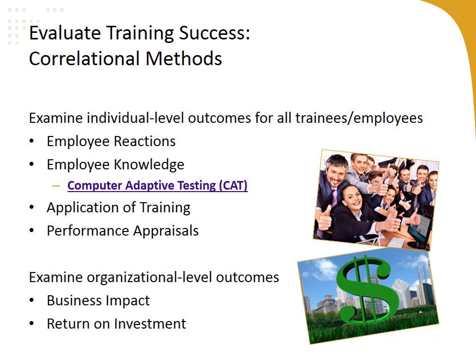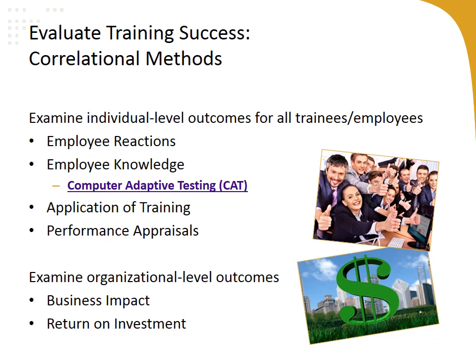Now, I want to point out that these methods are correlational in nature because all employees or former trainees are examined as a whole in a single group. Now, it's true that something was manipulated, right? Training, that's a manipulated thing. It's an independent variable in this case that we think has an impact on performance, which would be our dependent variable.